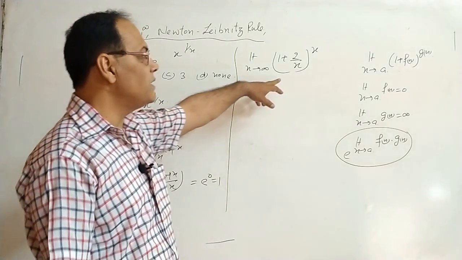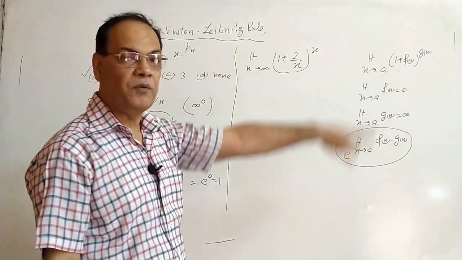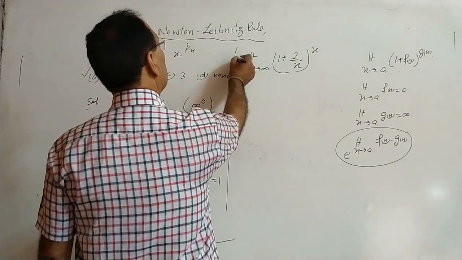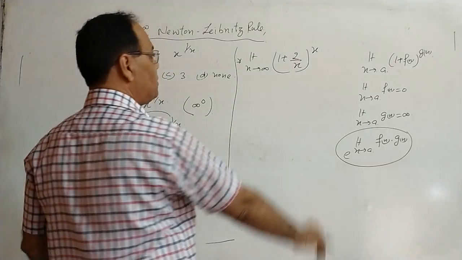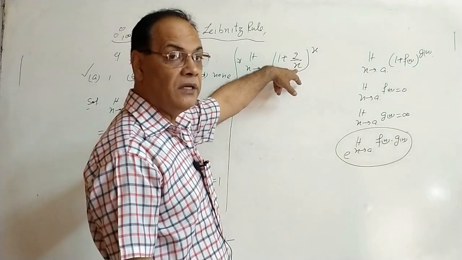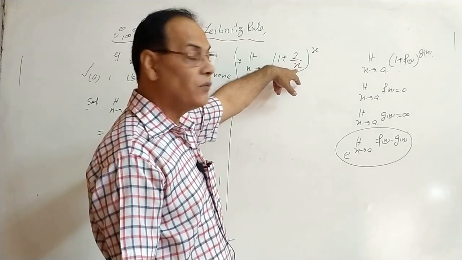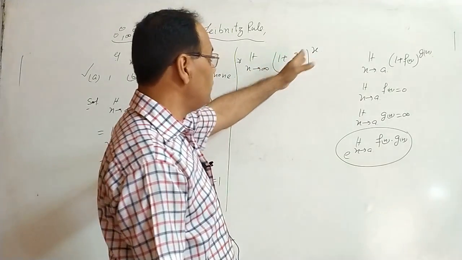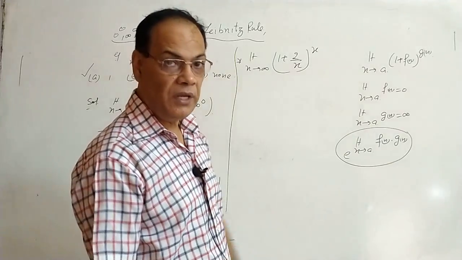I have taken an example of exactly the same type of function. If I substitute the limit here, when x approaches infinite, 2 by x approaches 0, and the power is x. When x approaches infinite, the power approaches infinite.